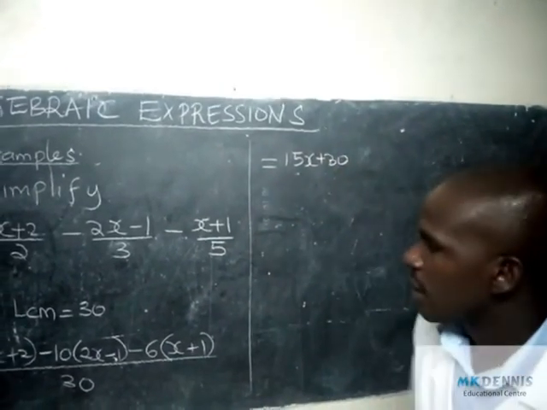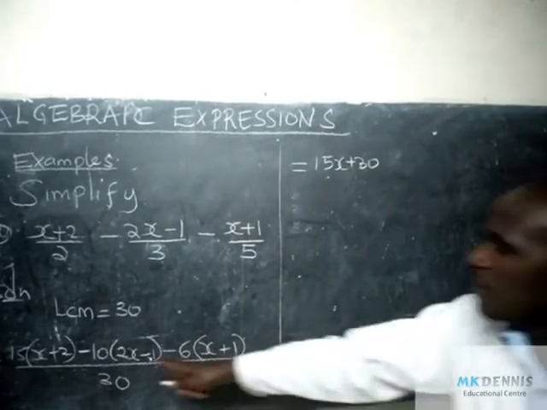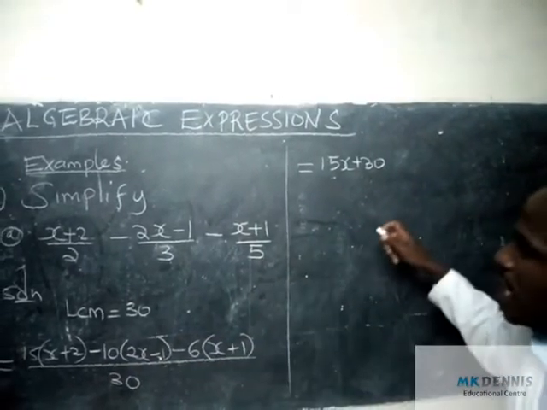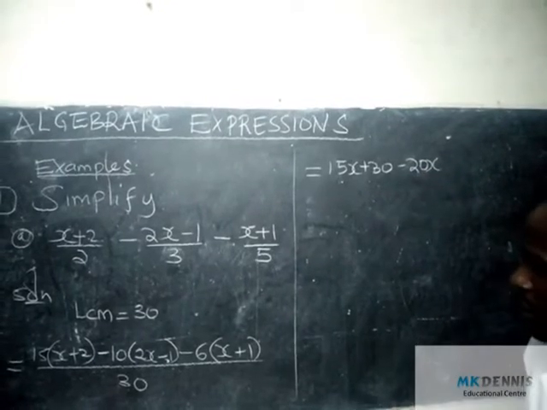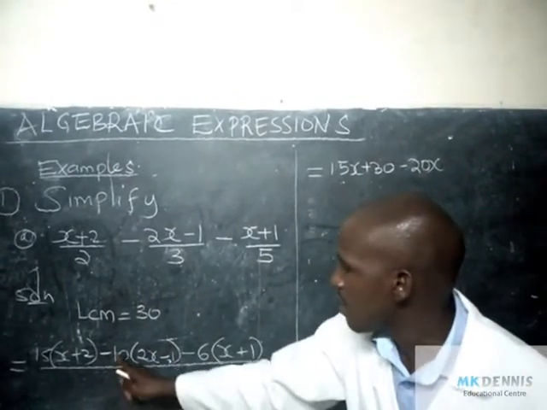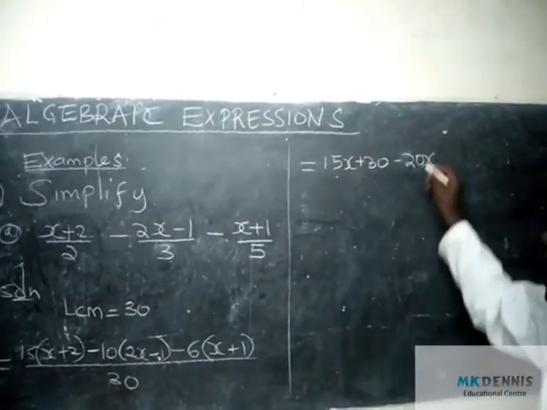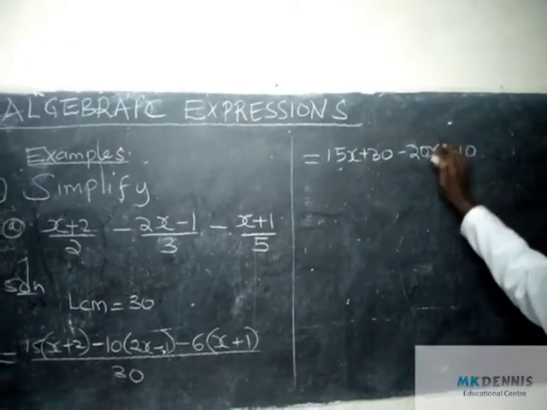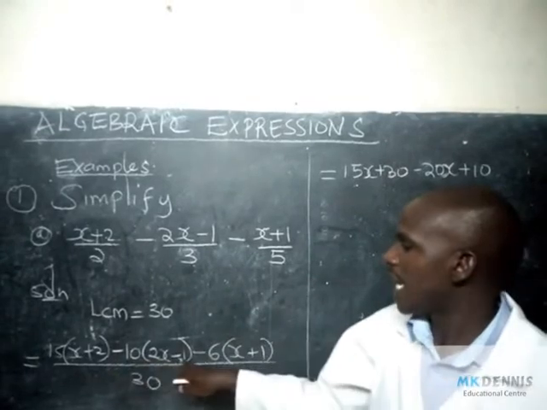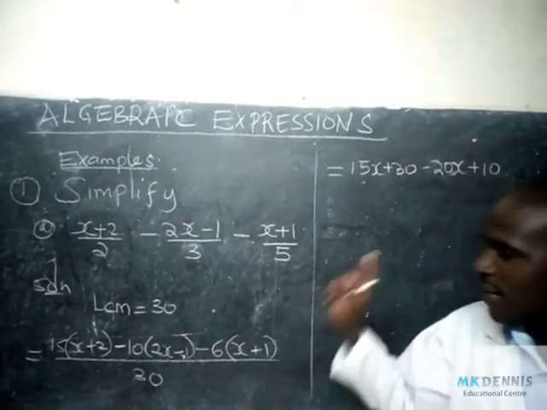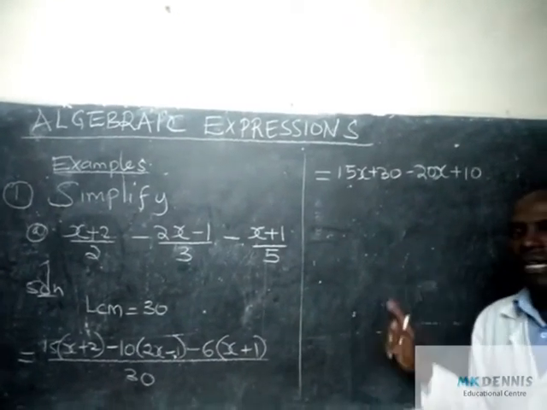Then minus 20x, and plus 10, because a negative 10 times a negative 1 gives a positive number.